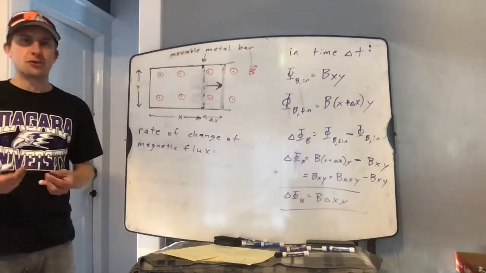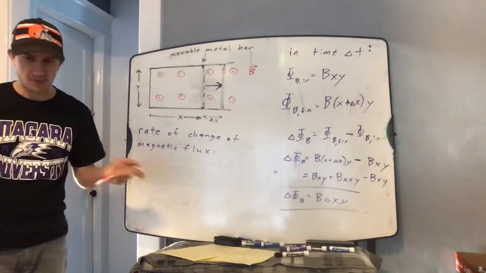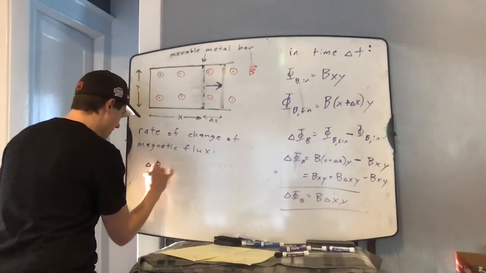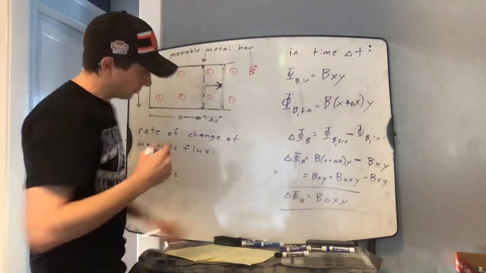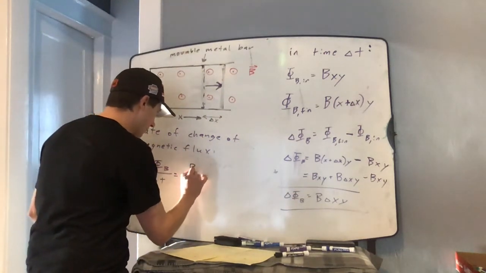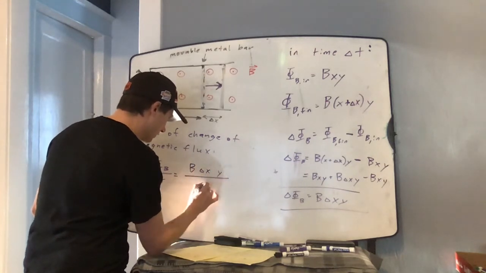Well, if we're talking about the rate of change, we would have the change in magnetic flux divided by the change in time. So that would be delta phi B over delta t. Well, delta phi B we found as being that. So we have B, delta x, and y divided by delta t.